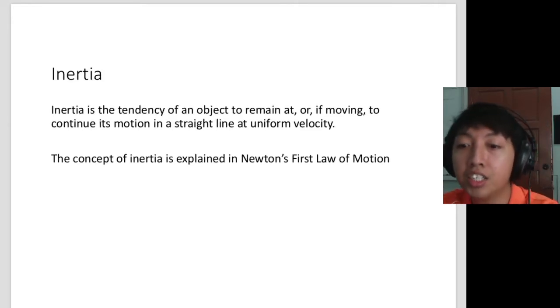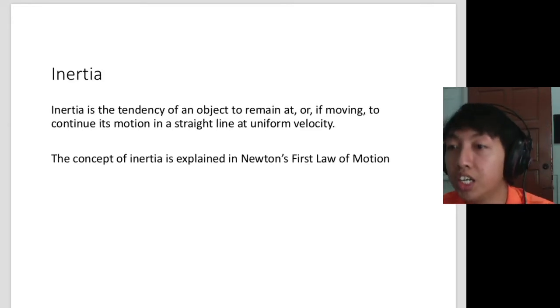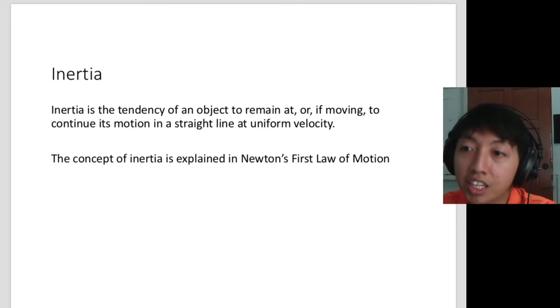So what is inertia? What is the definition of inertia? Inertia is the tendency of an object to remain at rest, or, if moving, to continue its motion in a straight line at uniform velocity. So two things.